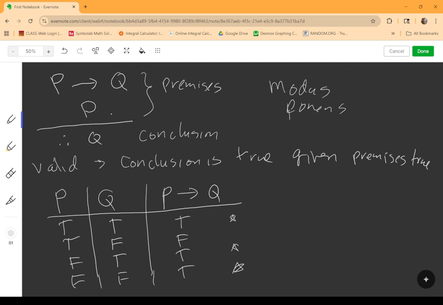But then the other one we're given, well, when is P true as well? Then that means we're actually in that first row. So in this case, P implies Q is true, P is true, therefore Q, and we see that in that row, Q is true. So hence we have a valid argument. All right.